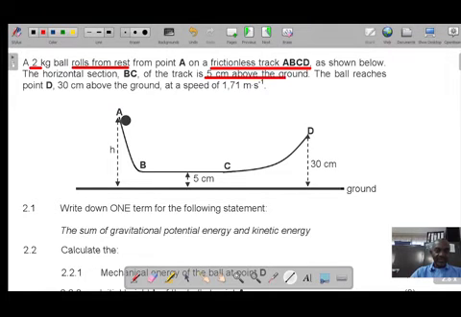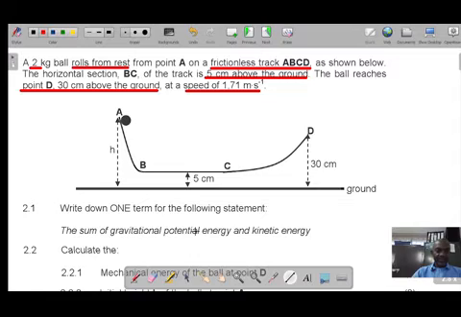They said the ball reaches point D, which is 30 centimeters above the ground, with a speed of 1.71 meters per second.